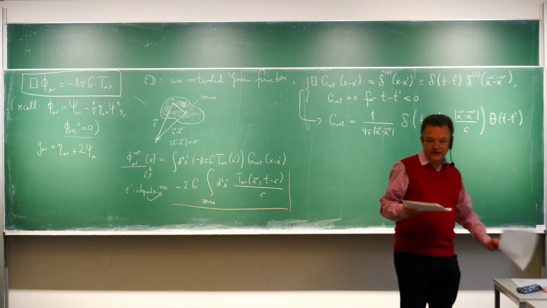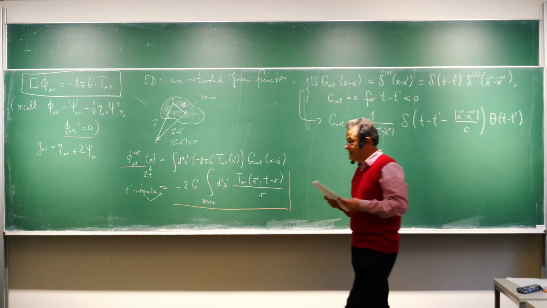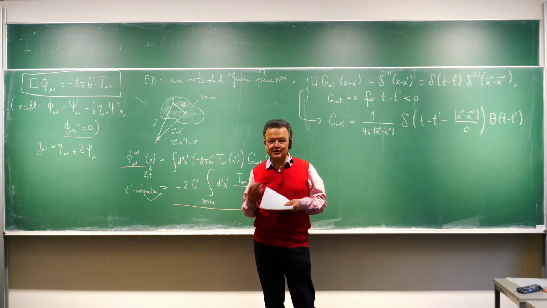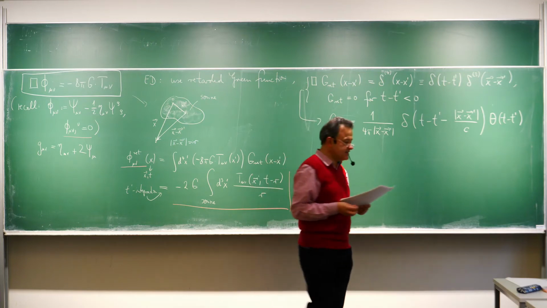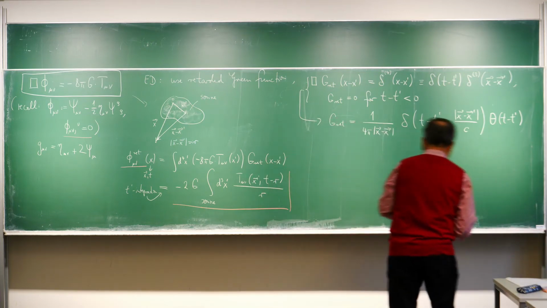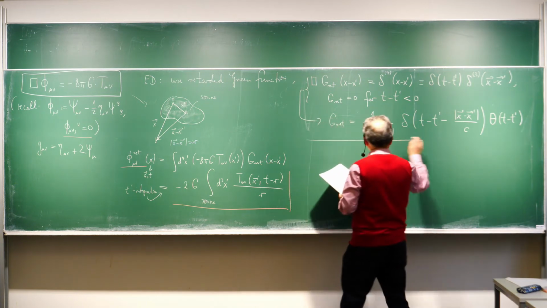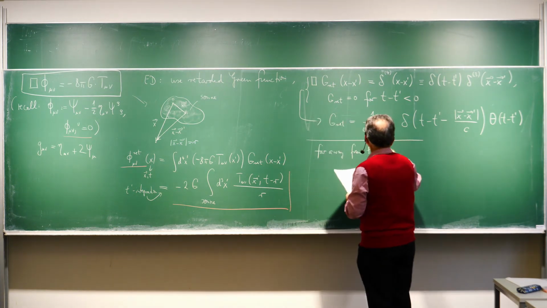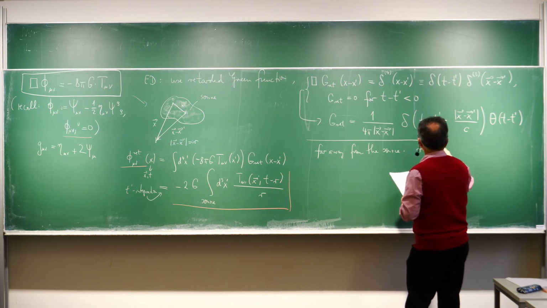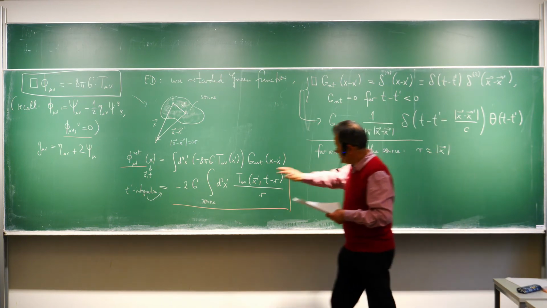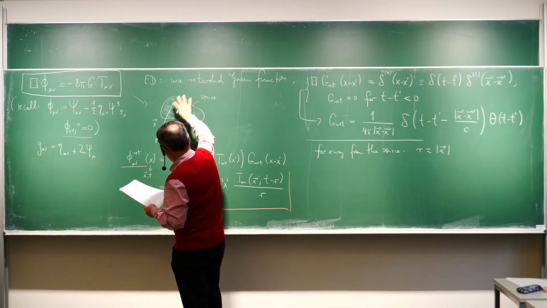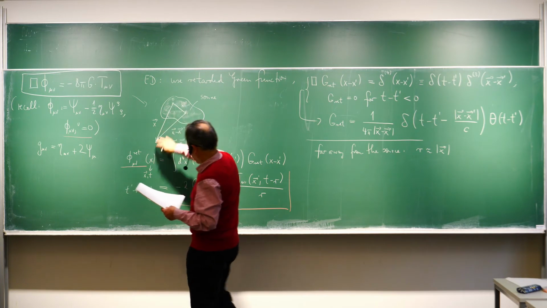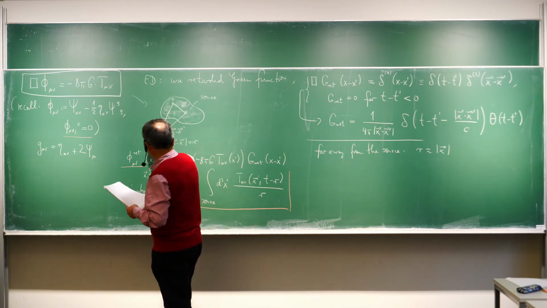Now we are far away from the source, and this is meant in a literal sense, because typically these events are light years, if not millions of light years away. So this is an excellent approximation. So we are far away from the sources, and so we say r is approximately equal to the absolute value of x, because these differences are negligible compared to the distance to the observer here. Here we have the observer.